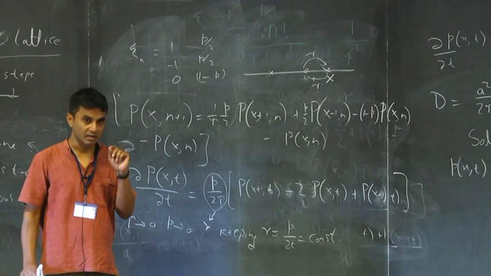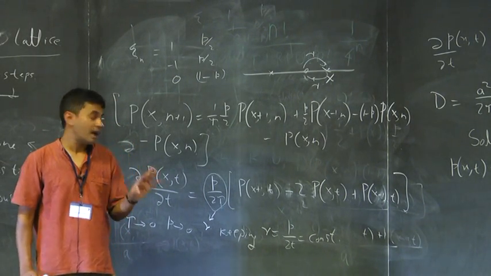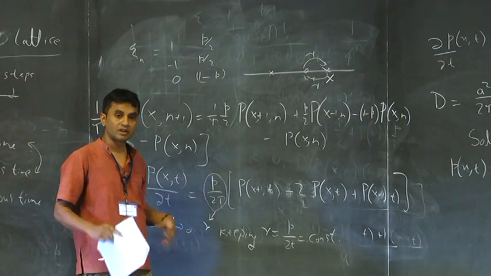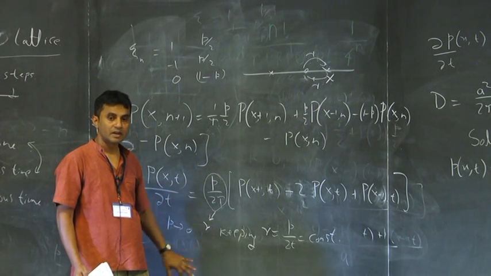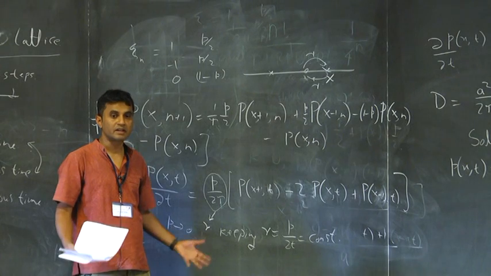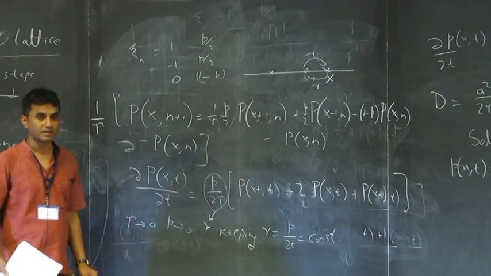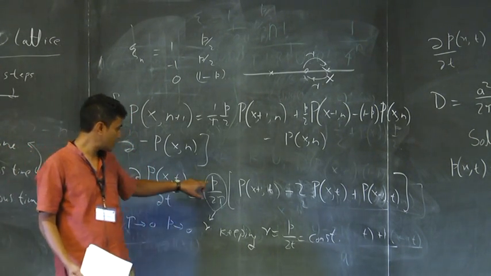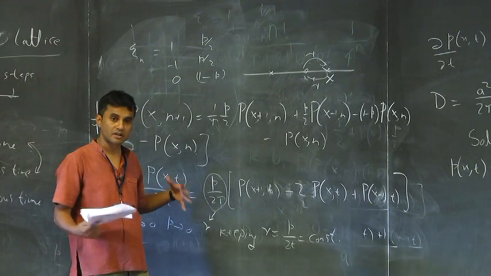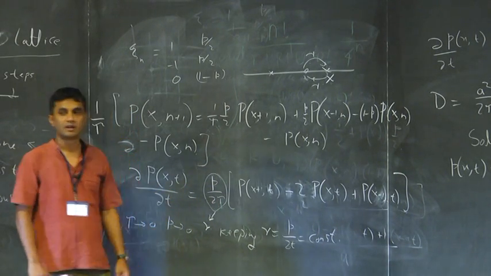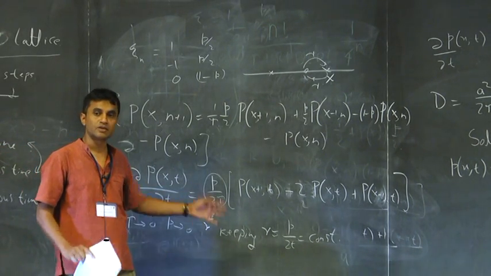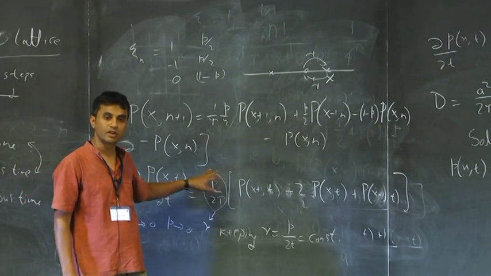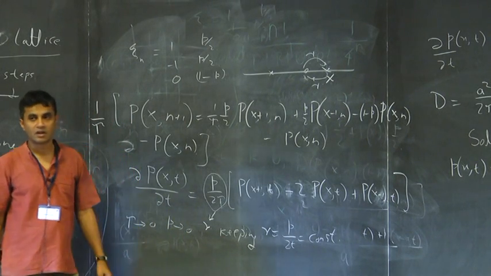So you use a p, and if you want to connect this p to whatever rate, then you have to do this identification that p by 2 tau is equal to rate r, whatever rate is there in the continuous time description. And if you really want a good matching of results between the discrete and the continuous version, you need to take this limit p going to 0, tau going to 0 with this constant.